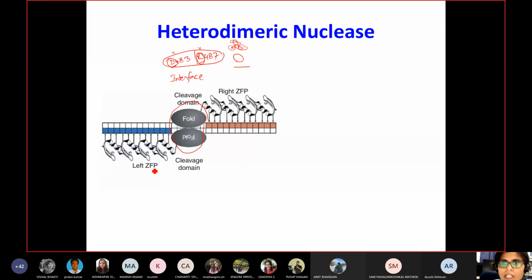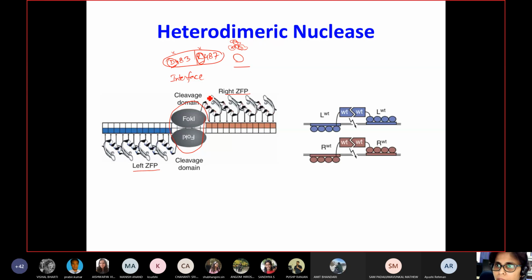Now the question is, if the dimer is able to form, then how are you expecting your left zinc finger protein to only form a stable heterodimer with the right zinc finger protein? It can happen that one protein with the cleavage domain FokI forms a dimer with the same protein.